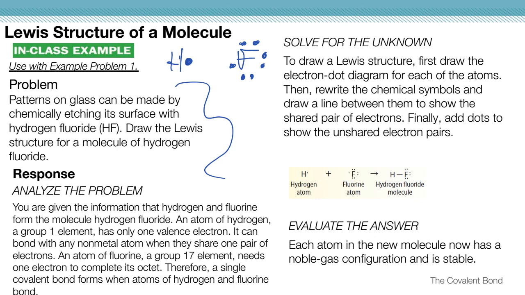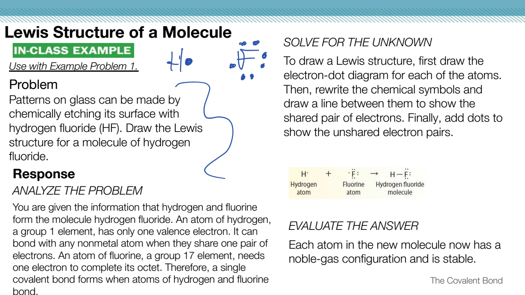Now, if this were an ionic bond, we would go ahead and take that electron from hydrogen and give it to fluorine. However, this is not an ionic bond because these are both nonmetals. Covalent bonds are typically going to happen between nonmetals. Ionic bonds are typically going to happen between a metal and a nonmetal.